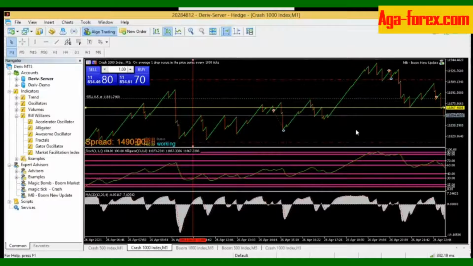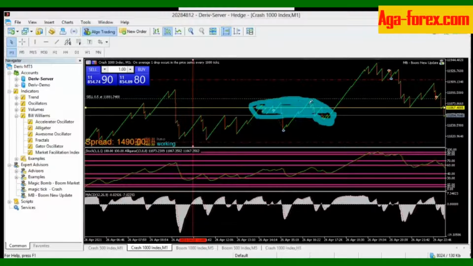Let me explain something that I was explaining yesterday. You see, market may react to this level, so I may close this position because market may react to this level. Look at it here. It may break it and it may go, but it may hardly break it the first time, because market has acted as support in this area before, and it has acted as a resistance in this area before.